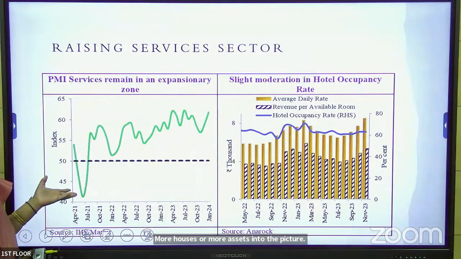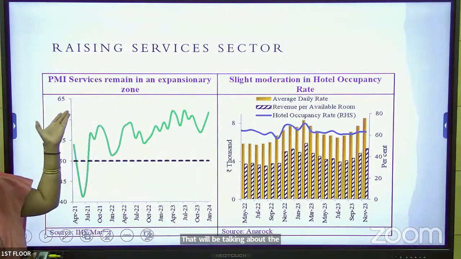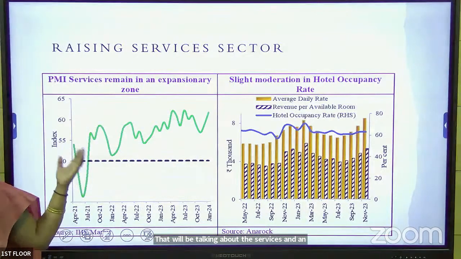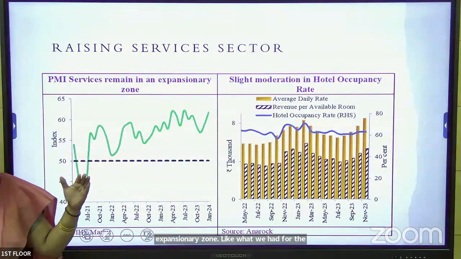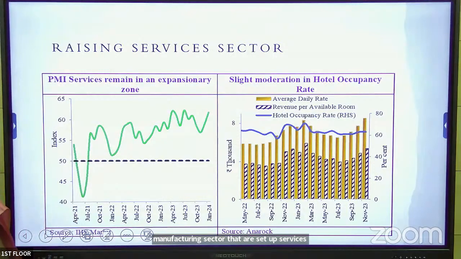Now we are talking about the services in an expansionary zone. Like what we had for the manufacturing sector, there are a set of services. Can you give some examples of the services sector? Education, IT sector, health, transportation, banking, loans providing.